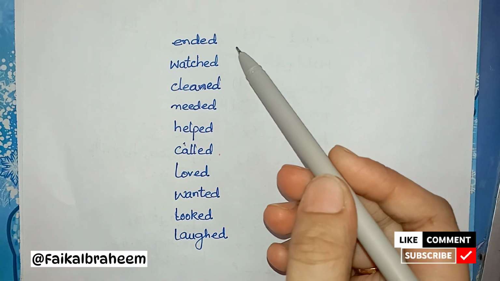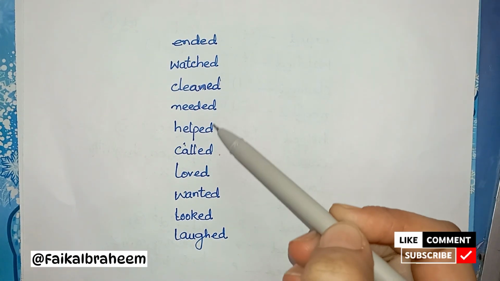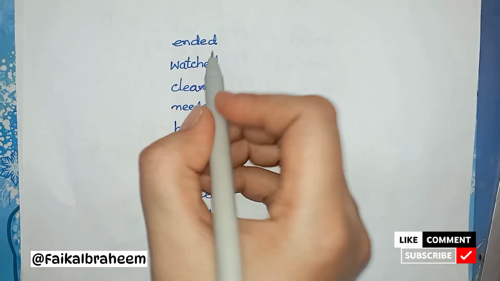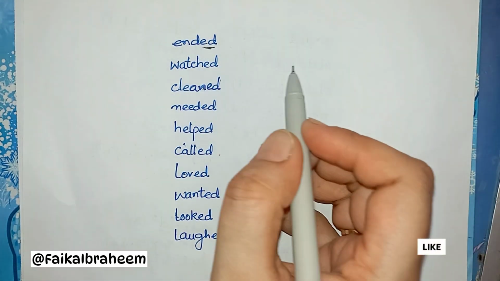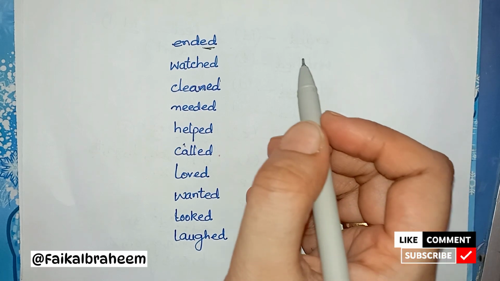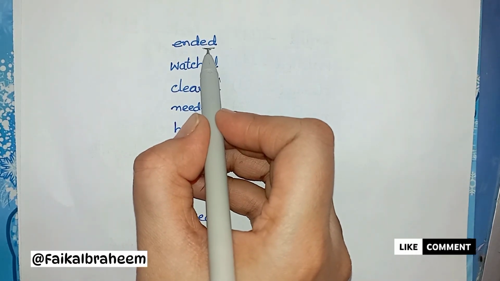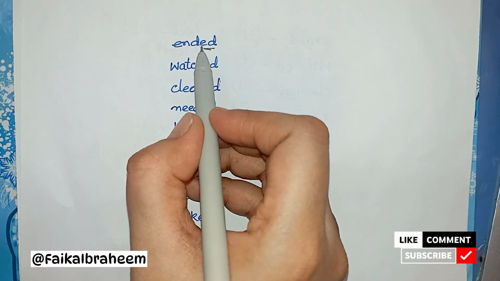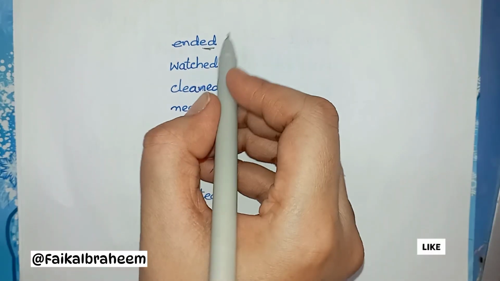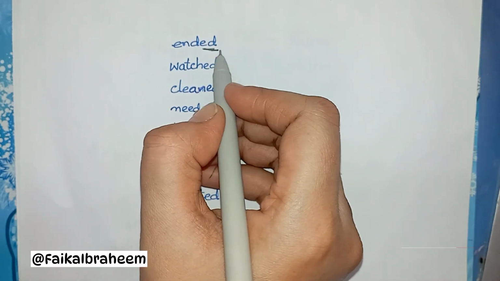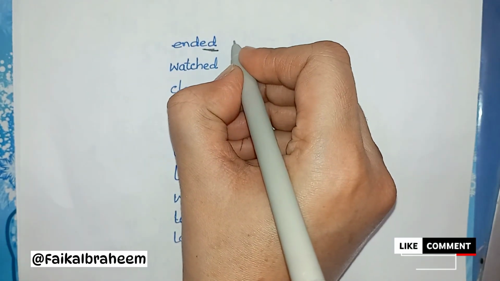So in today's lesson we are going to see how we are going to pronounce these words ending in ed. Here we have the word ended, and the ed is pronounced as id.